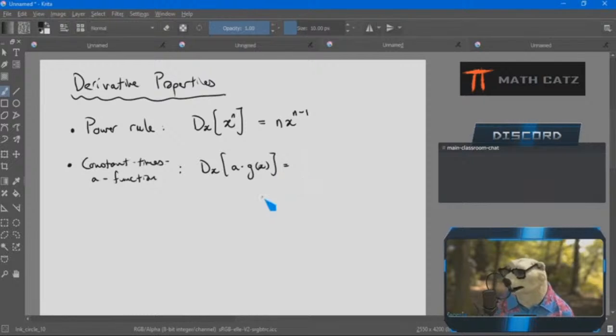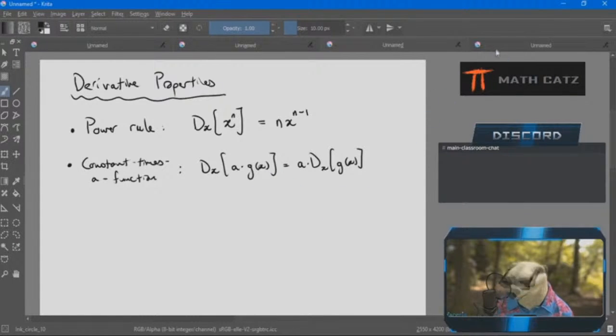It simply says that if I have a number in front of the x stuff, that number can stay in front and I can focus on the derivative of the x stuff, what I call the essence of the function. The essence of the function is determined by where the x's occur, where the variable occurs, not the constant in front.